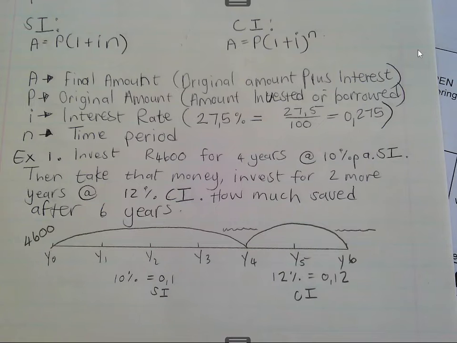But you're also going to come across a question where they give you 2 options. So they ask you, you've got 5,000 Rand. What's the amount that you will get out after 2 years when you invest it at 20% compound interest? What's the amount that you will get out if you invest it at 20% simple interest? You understand that what I just said is not the same as 2 consecutive investments.